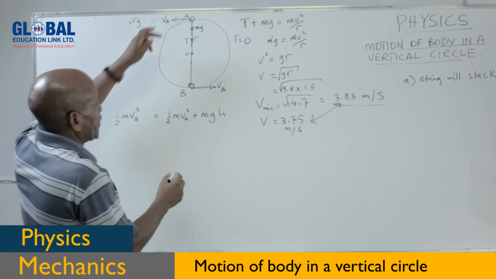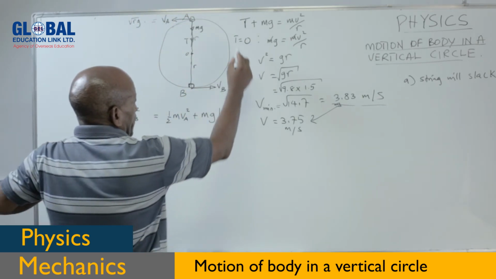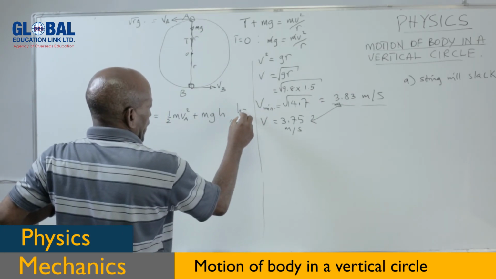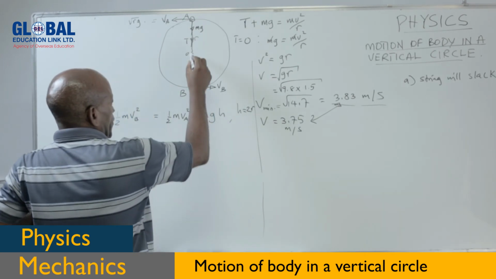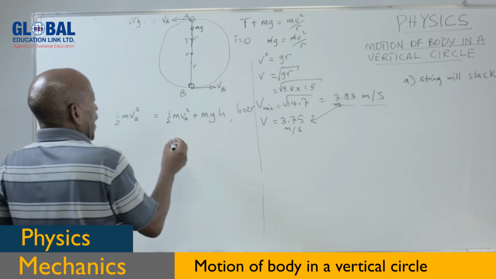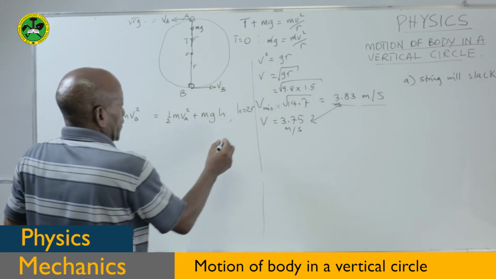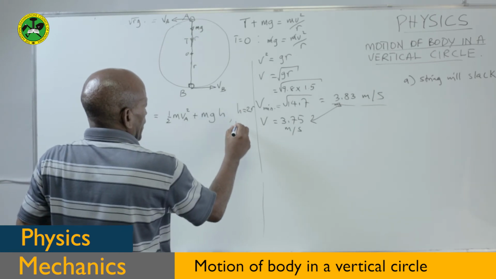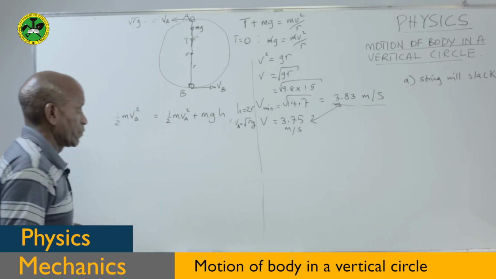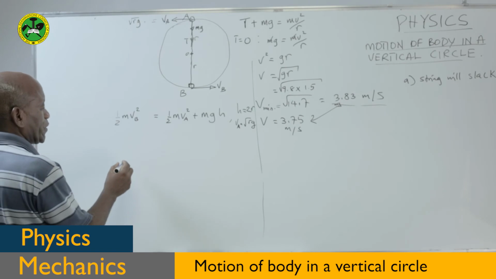But remember, the height at the top is just equal to twice the radius, because this radius plus this radius is equal to 2r. And the velocity VA at the top is just equal to the square root of rg. So we need just to substitute and see what we're going to get.